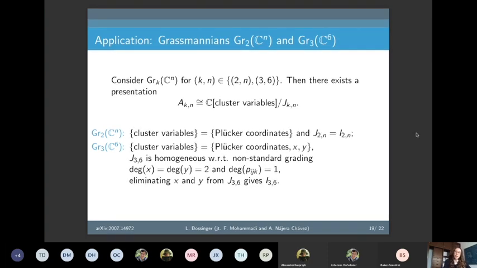And then the ideal J_{3,6} is closely related to the Plücker ideal in the sense that when I take the elimination ideal where I eliminate x and y from J_{3,6}, I get back the Plücker ideal I_{3,6}.